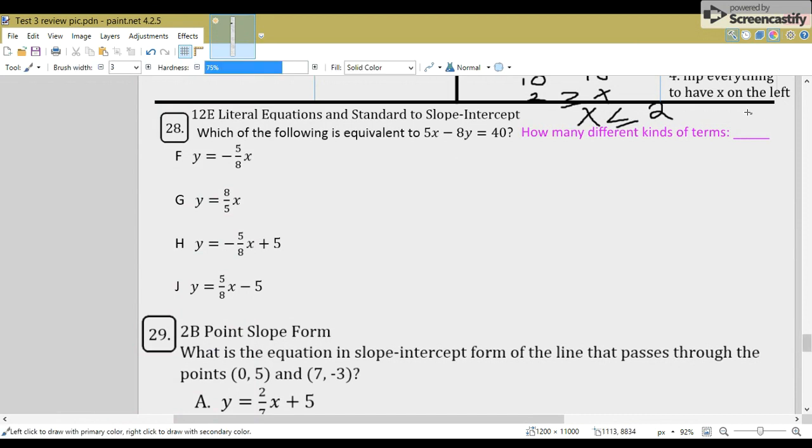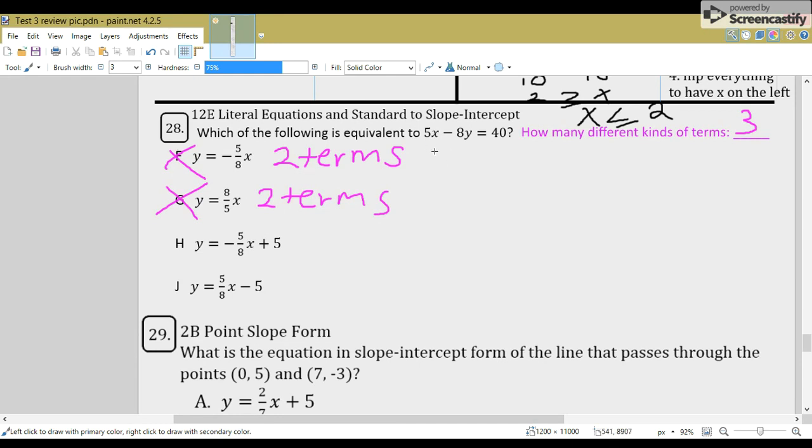So that's 3 different terms. So this one only has 2 terms. We can't have that. This one also only has 2 terms. So we can automatically cross those out. Those are not good answers. So let's go ahead and write out our algebraic steps and our verbal steps.